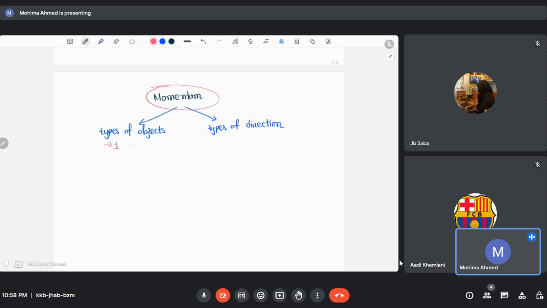First, one object, you're working with one object. Another is you might work with two objects. Types of direction are linear momentum and angular momentum. Or you can also say one-dimensional or two-dimensional momentum, because you have to use the cos component and sin component. So 1D, or you can also consider this as 2D.